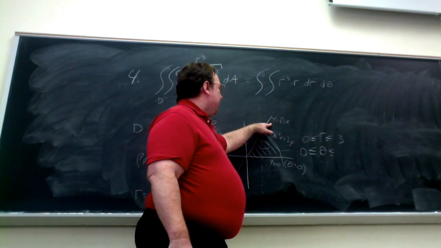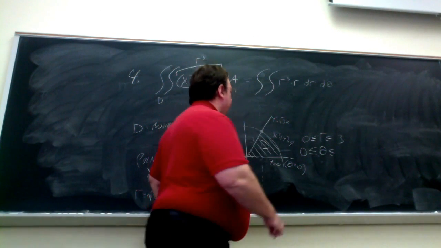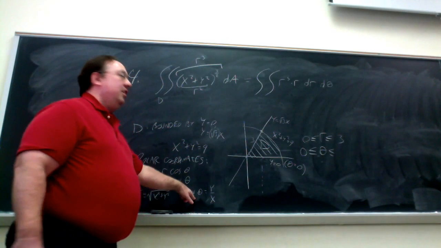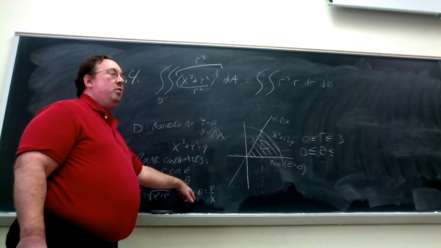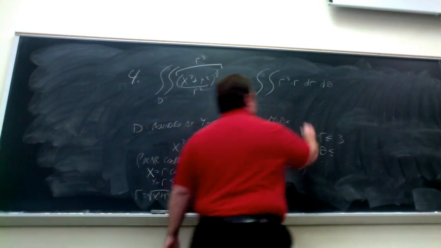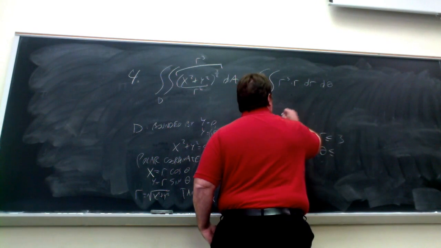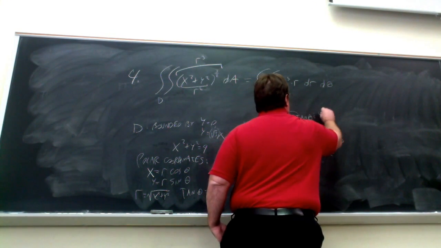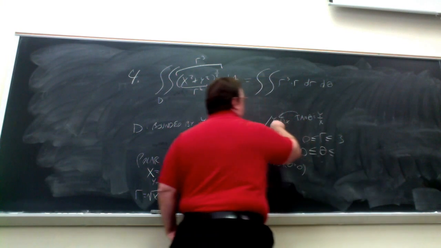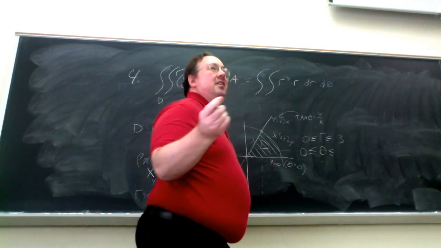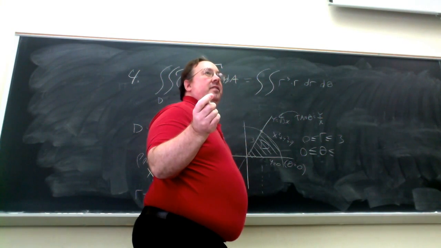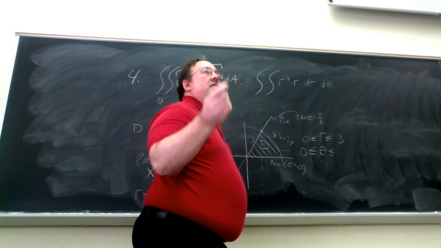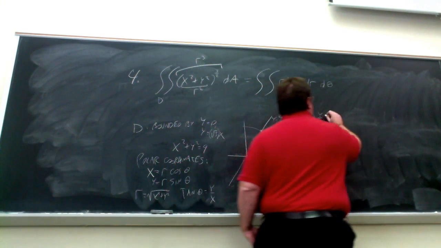Now, to get the upper limit, this relationship actually helps. Tangent theta is equal to y over x. So along this line, tangent of theta, which is y over x, is what? Square root of 3, the slope.